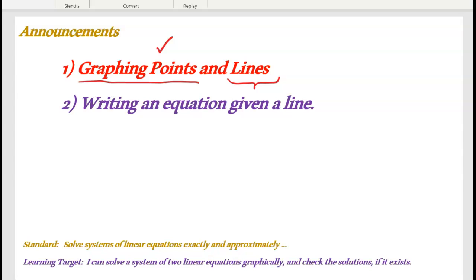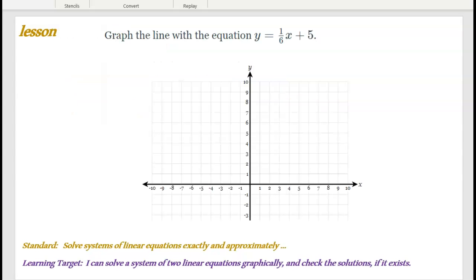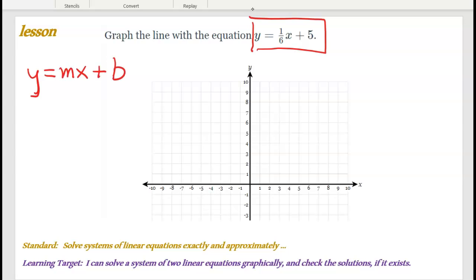So here is our first example, the equation for the line. Let's do a quick recap. This equation represents a line, and it's called slope-intercept form. Form just means the way it looks.